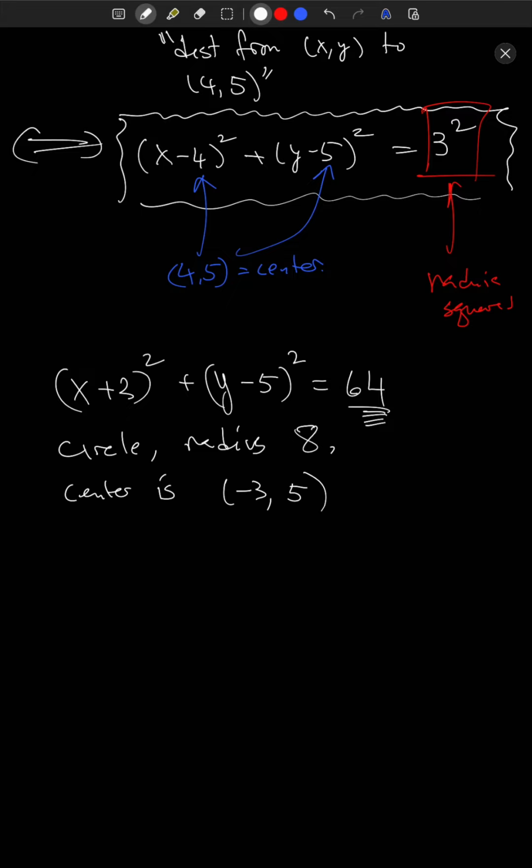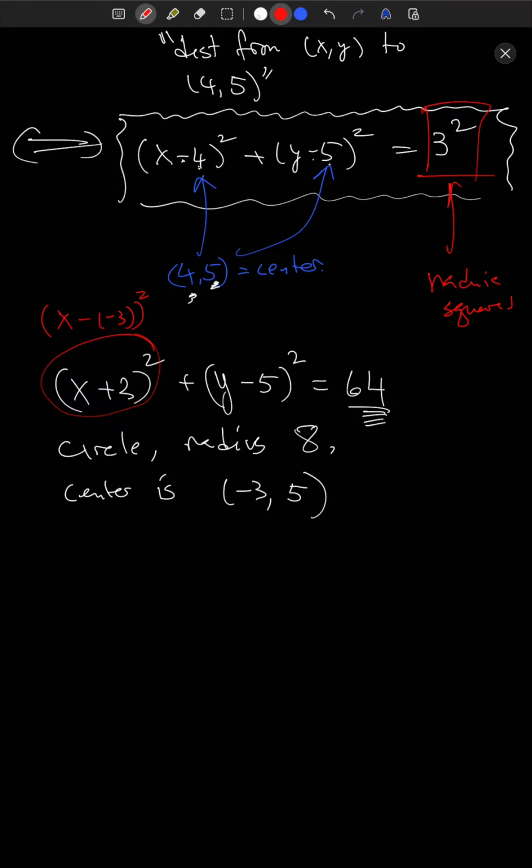Because here, the negative sign, right, the -4 meant the circle had center 4, and the -5 meant it had center 5. So in a way, the right way to think of this x plus 3 is it's x minus -3, squared.